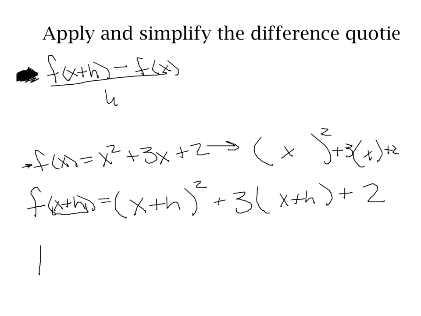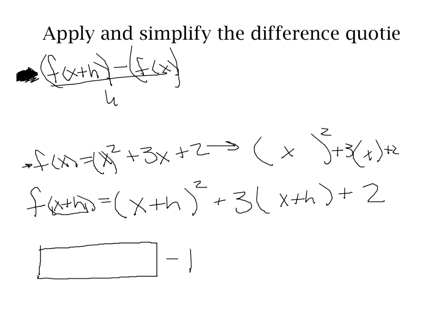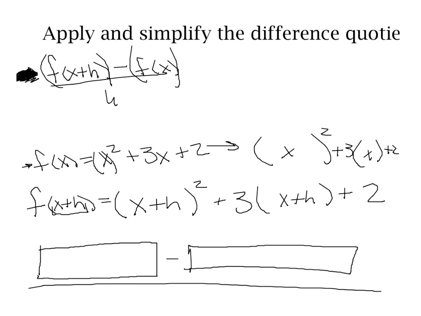So our difference quotient, just like our x was sitting inside a container, this f of x sits inside a container. So we take the f of x out, leaving an empty container. And so we have the f of x plus h container and the f of x container. Alright, so what goes in here?